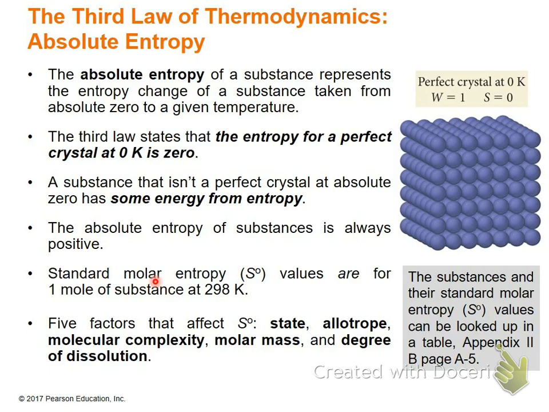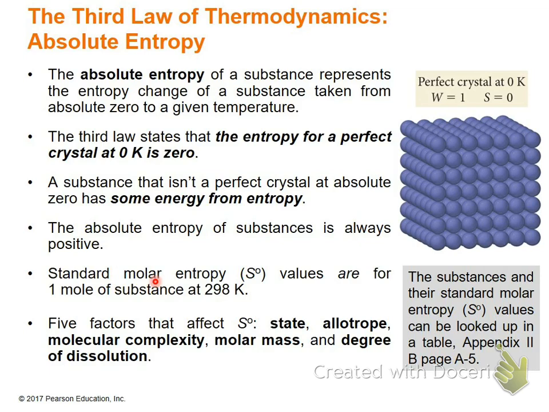So for an imperfect crystal, there's always going to be some energy coming from the entropy at absolute 0. Remember that molecules at 0 Kelvin have 0 kinetic energy, but they have a lot of potential energy. But they also have some energy coming from entropy.